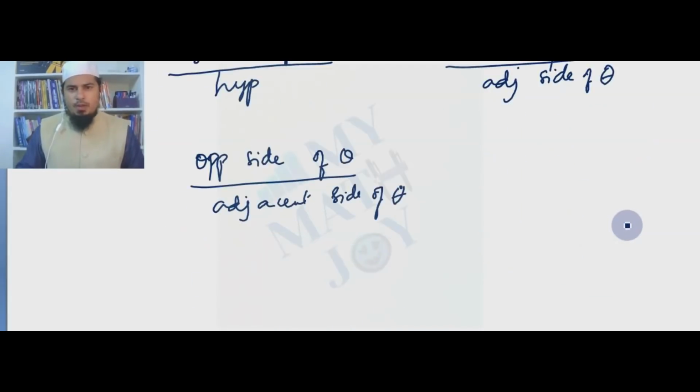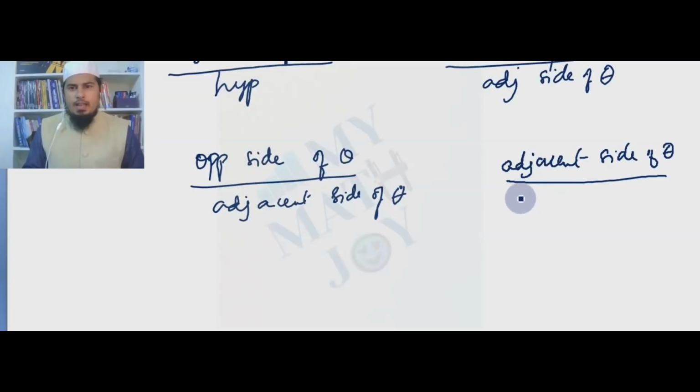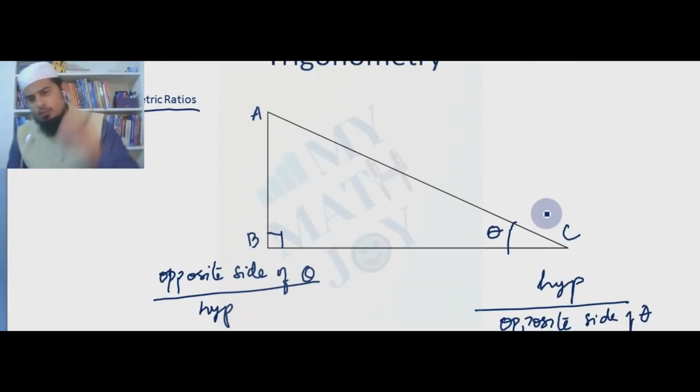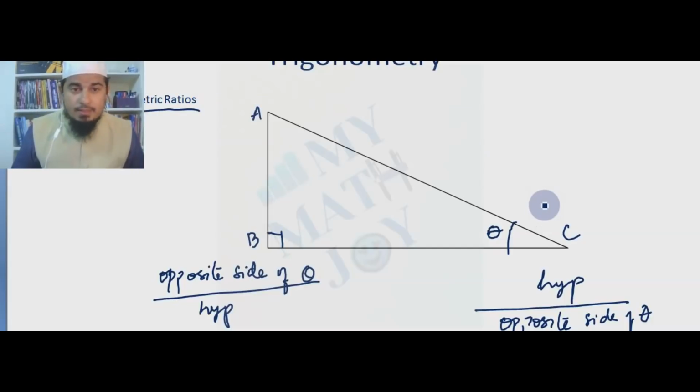And there can be one more ratio, just the reciprocal of this: adjacent side of theta by opposite side of theta. There cannot be a seventh ratio with respect to three sides. If you are taking three sides with respect to any angle, there cannot be more than 6 ratios. So we get 6 ratios.